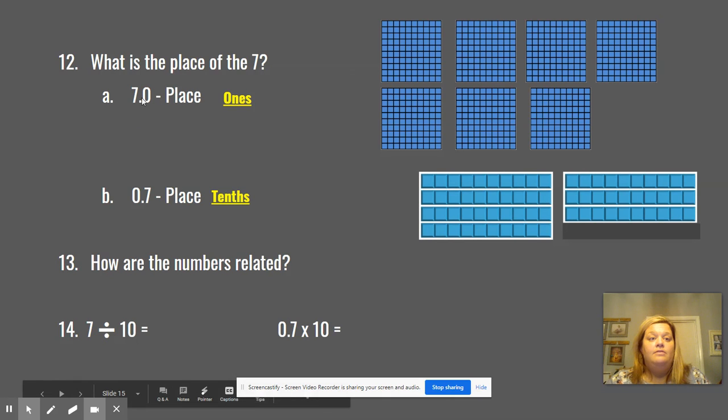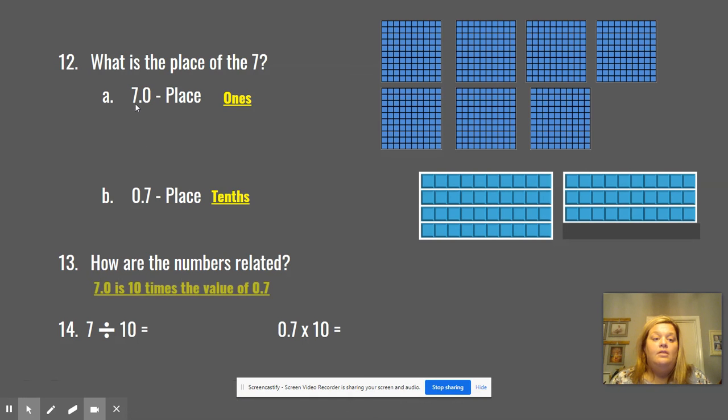Now this 7 is right here and this one's down here. So that means that this 7 in 7.0 is 10 times larger than the 7 in the tenths place, because you're moving that decimal over.